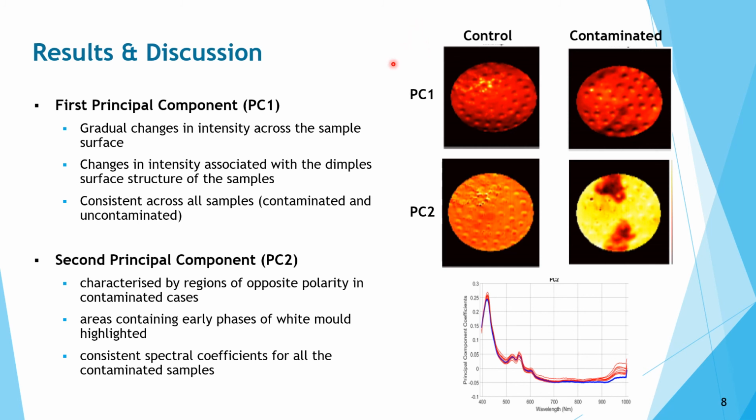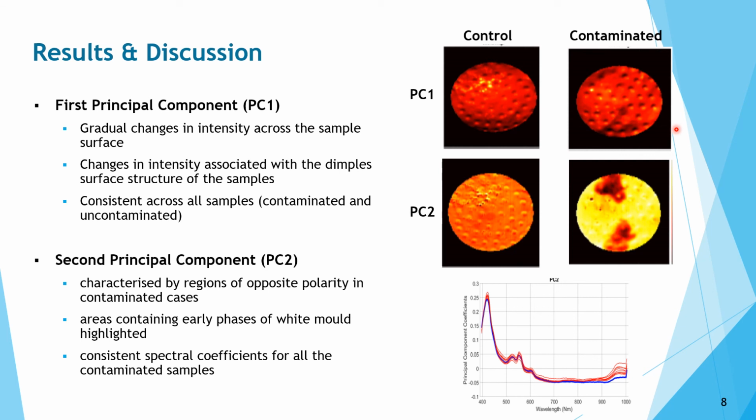What characterized the first and second principal components was that in the first component there were typically gradual changes in intensity across the analyzed sample surface, associated either with the texture of the cheeselet, these dimples in this case, or with illumination changes due to the lighting system. This background activity was quite consistent across our samples, but that's not particularly interesting to us.